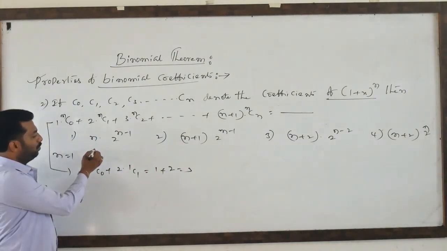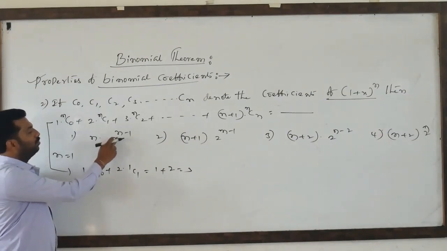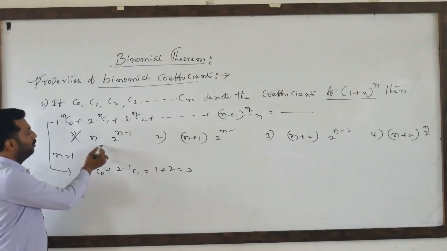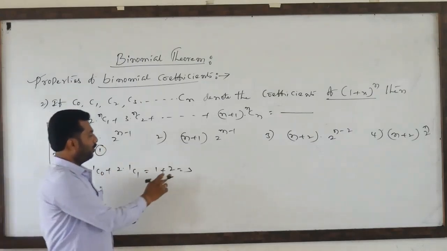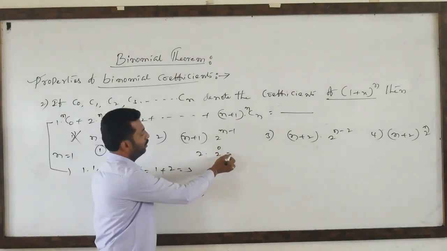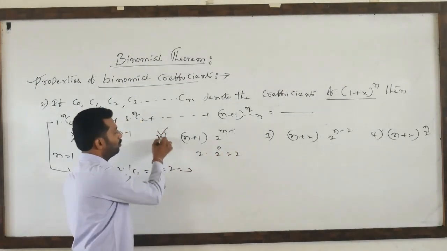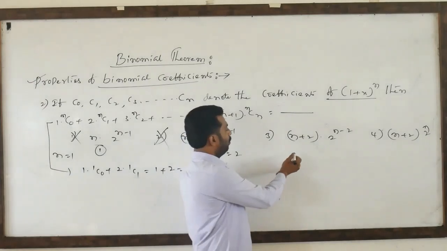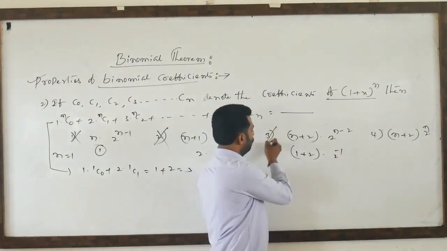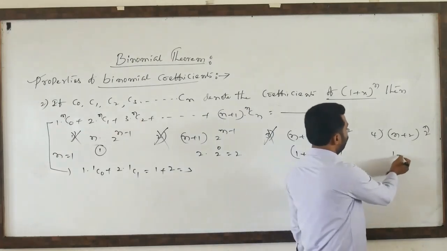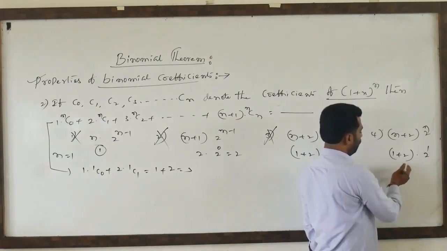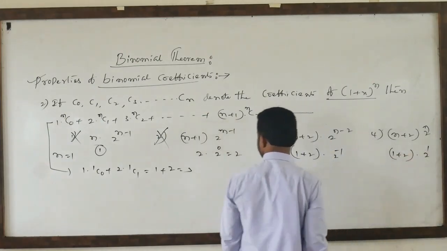See, n equal to 1 in the first option means 1 into 2 to the power 0, which is 1. This is a wrong option because its value is 1. In the second, n equal to 1 gives 2 into 2 to the power 0, nothing but 2 only. This is also a wrong option. In the third, n equal to 1 means 1 plus 2 into 2 to the power minus 1. Sorry, this is n minus 2, so n equal to 1 gives 2 to the power minus 1, a wrong option. In the fourth, n equal to 1 means 1 plus 2 into 2 to the power 1, so this is 3 into 2, 6.